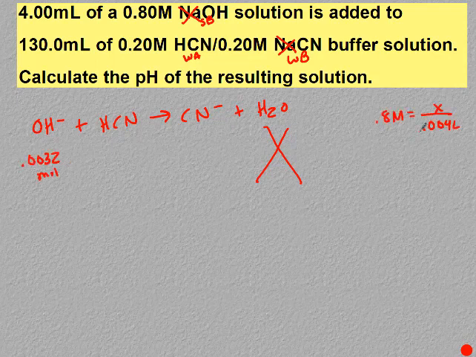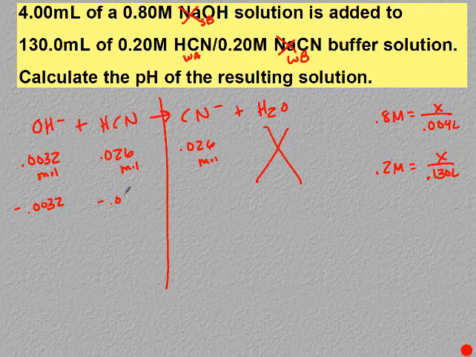So we had 0.0032 moles of hydroxide and 0.026 moles of each of these. Our hydroxide was smaller.